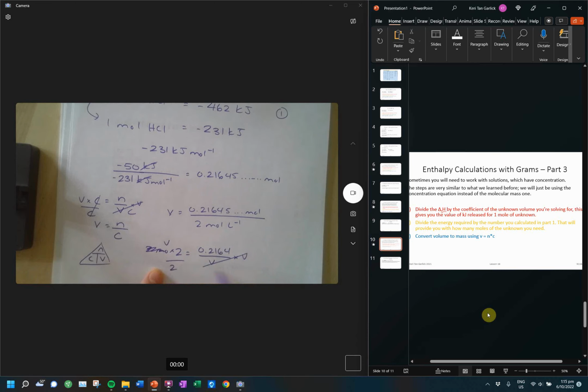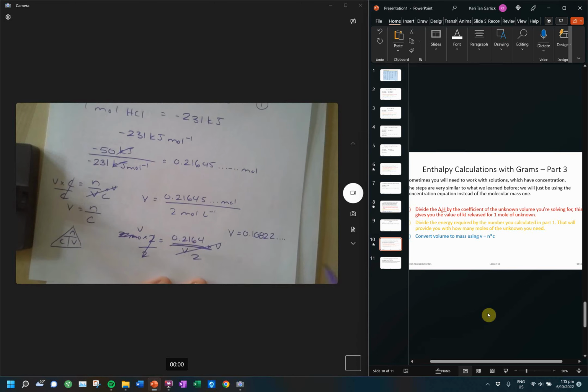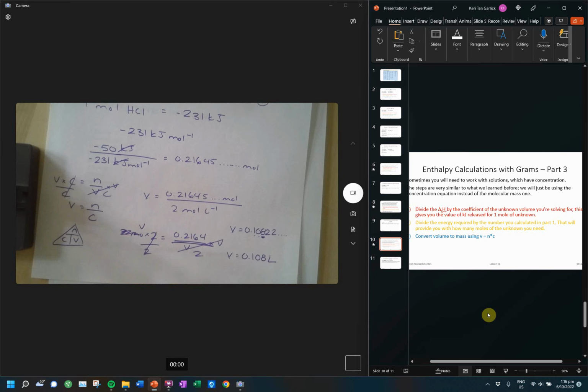You get V equals that divided by that. So it doesn't matter. We divide that by 2, and for my volume I would need 0.10822, and there's lots of numbers, liters. We want 3 sig figs: 1, 2, 3. That's a 2, so we round down. So volume is going to be 0.108 liters. You can convert it into milliliters, but you don't need to. And that's the answer for that one. So that's everything.